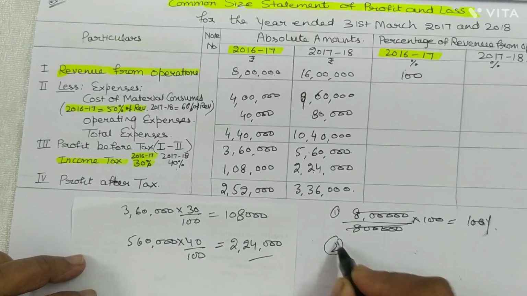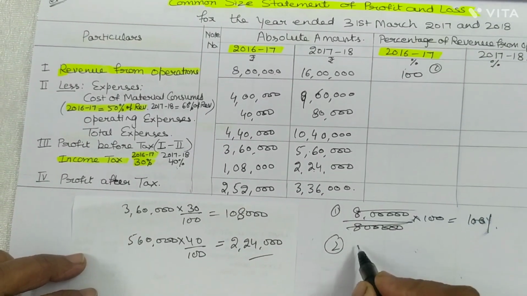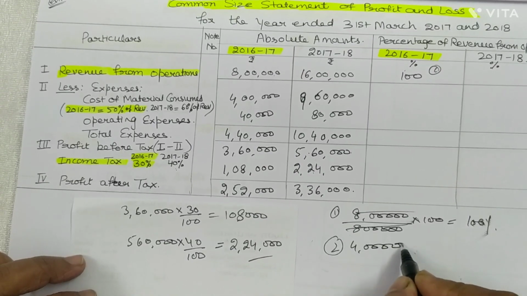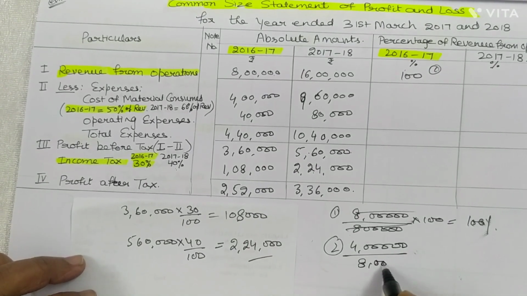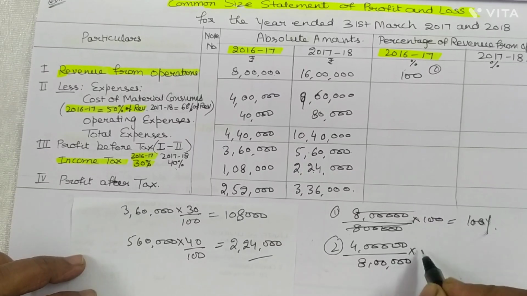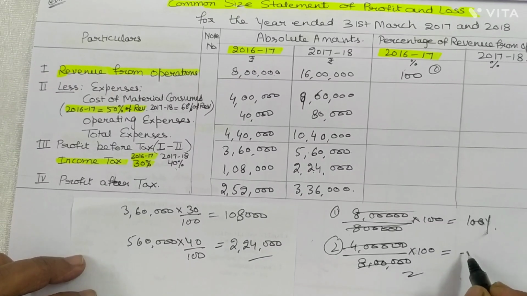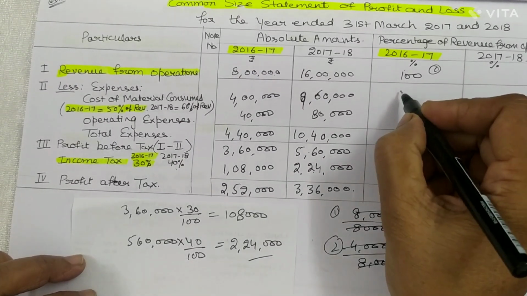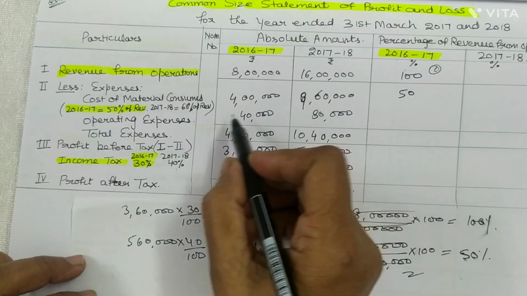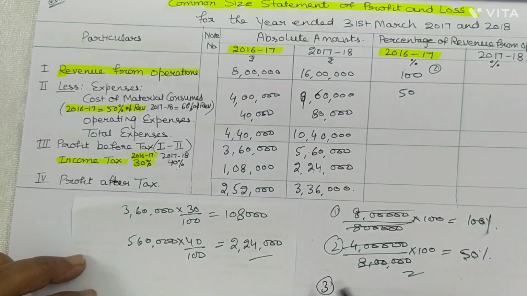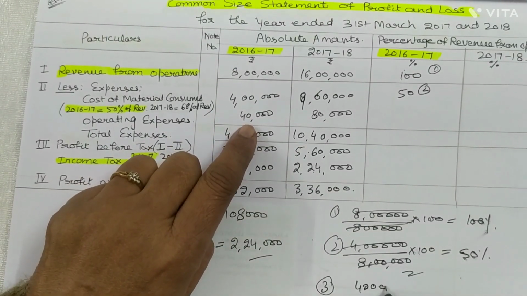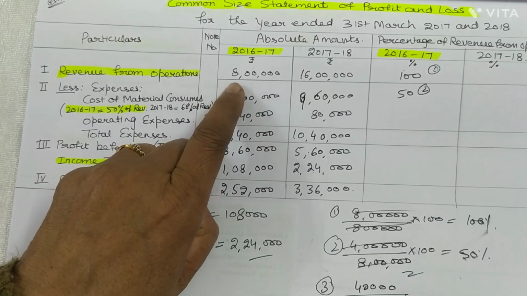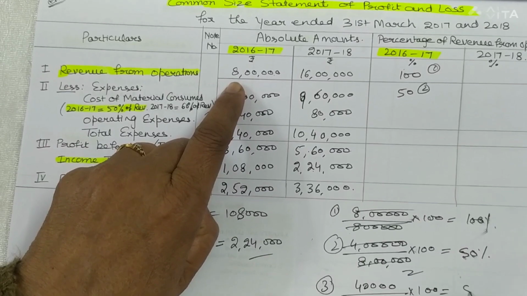Expenses are 4 lakh divided by revenue 8 lakh, common base is 8 lakh in all items. So in this case it is equal to 50%. Okay, 50%. Next is operating expenses, third case. 40,000 is the amount of expenses divided by common base 8 lakh into 100 is equal to 5%.